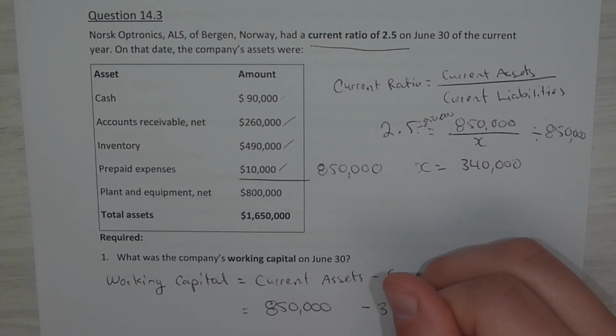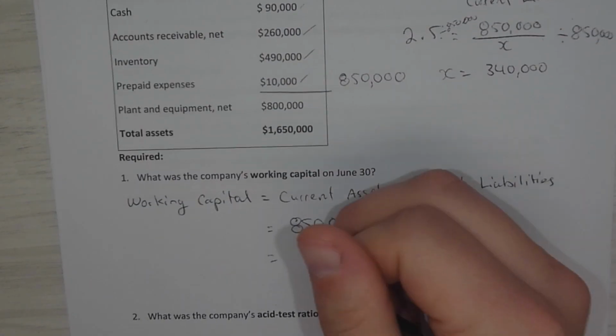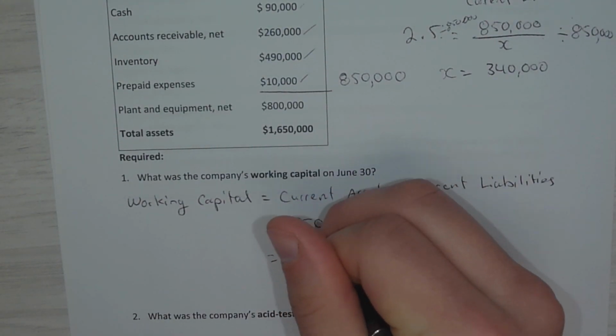So 850,000 minus 340,000 equals 510,000.